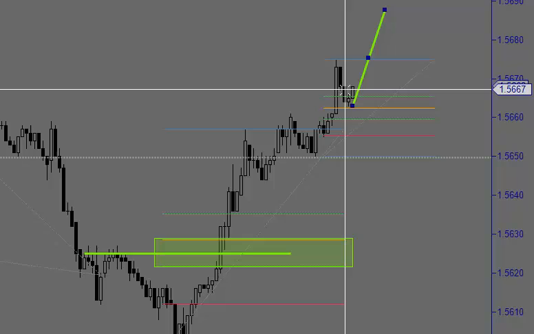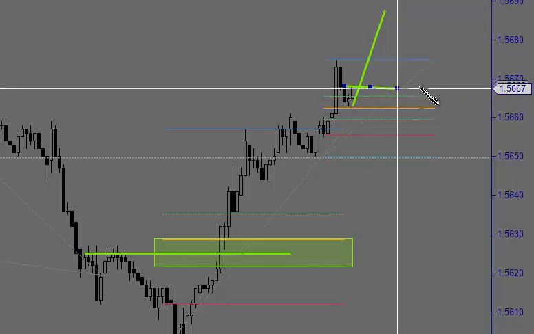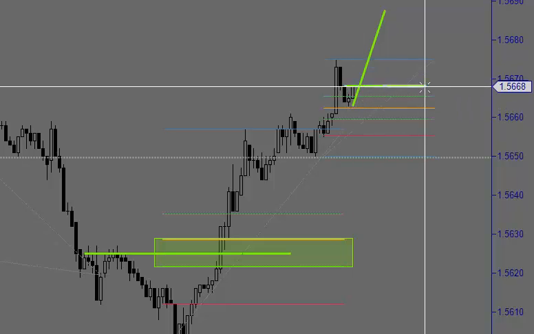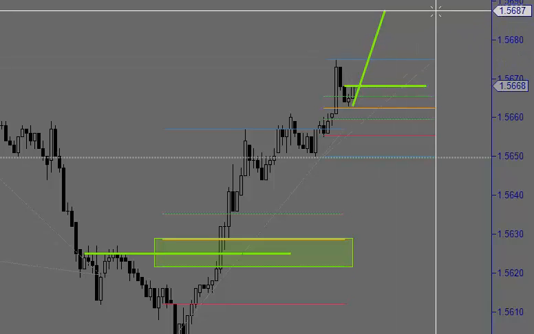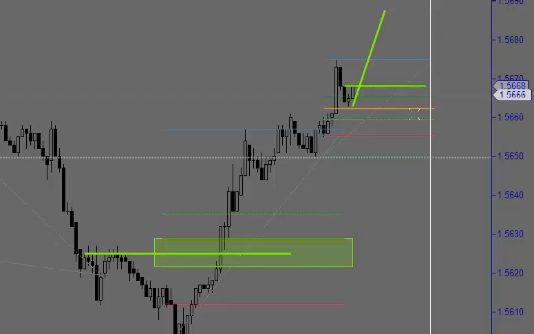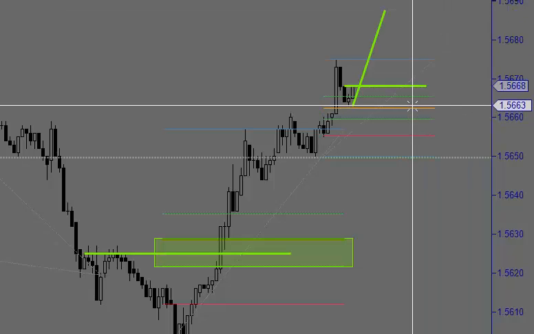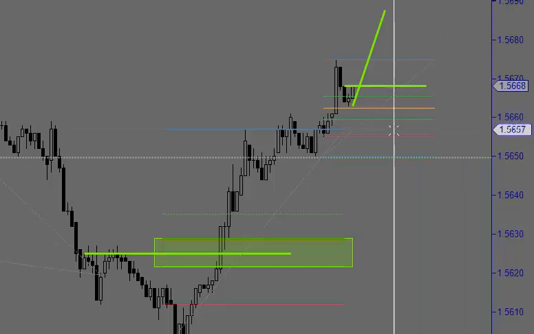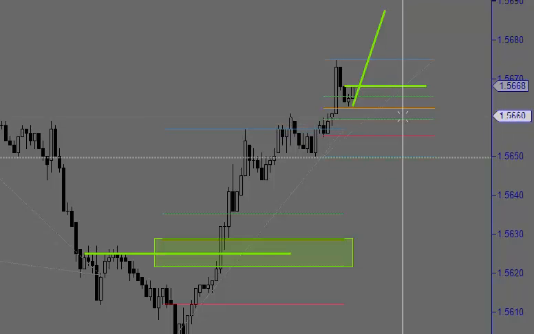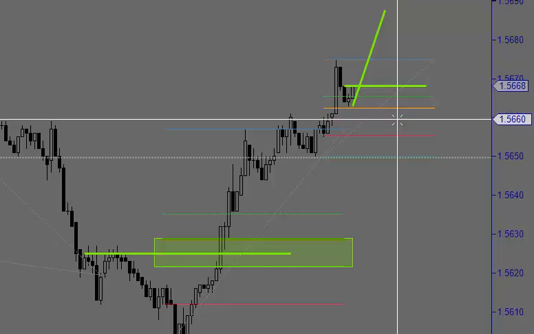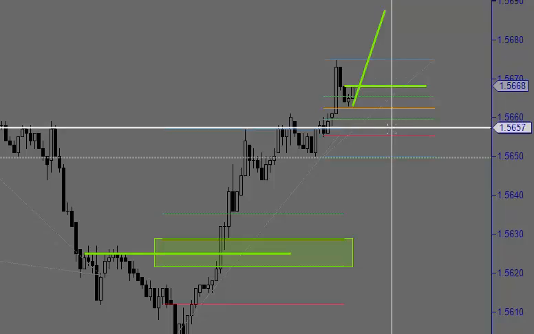So I would look for a very aggressive long entry here, from a trading standpoint, expecting these highs to be broken and for price to continue pressing higher. If I'm wrong, I know that price should not close against me, should definitely not close below the 786. That risk-reward is too great for me, so I would keep this one very tight. I would definitely not accept a closure below the 618.